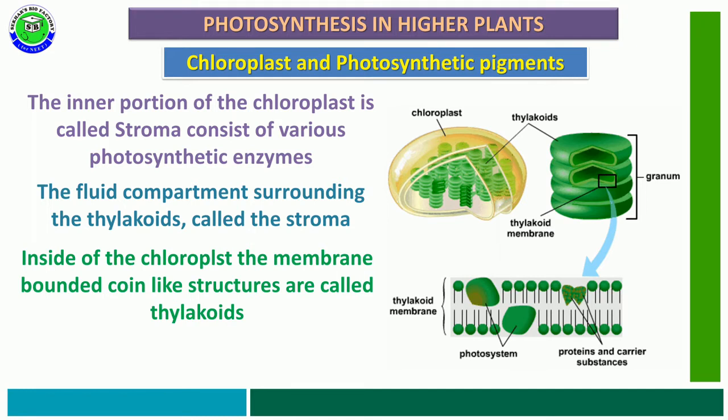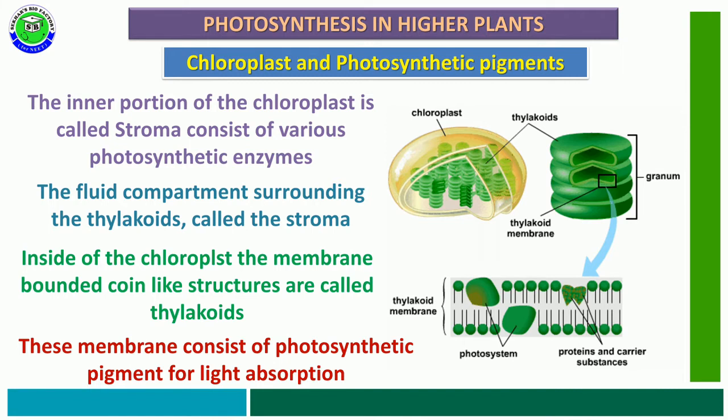And inside this chloroplast there are many membrane bounded coin-like structures present in the form of groups. It is called granum, and each membrane bounded coin-like structure is called a thylakoid.